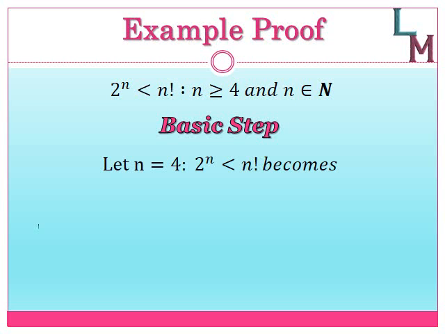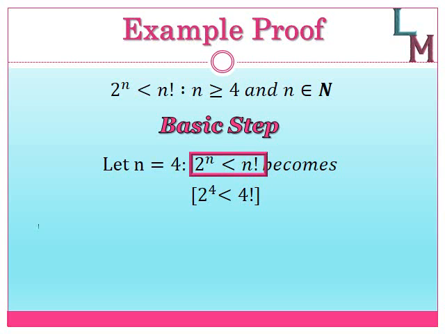So we're going to say let n be equal to 4. And then we're going to plug it into our equation, which is 2 to the n is less than n factorial, which is going to become 2 to the 4th is less than 4 factorial.